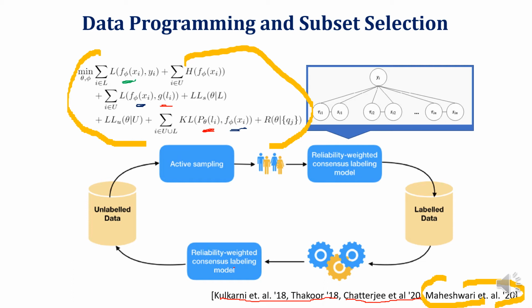Now you would like the F and G, or the theta based estimation, the parameter based estimation and the labeling function based estimations, to agree well on both the labeled and unlabeled data set.